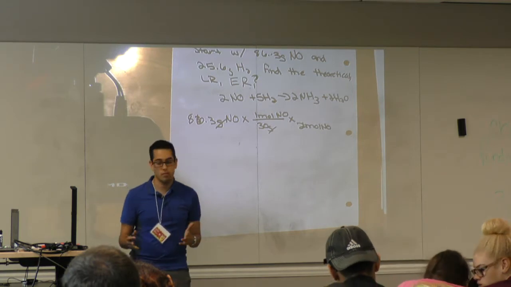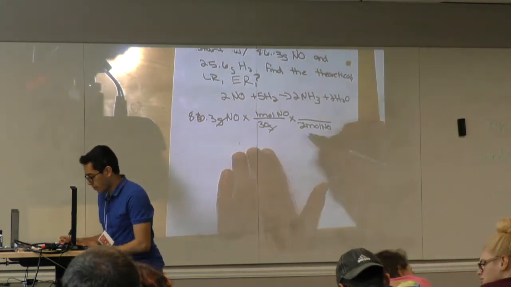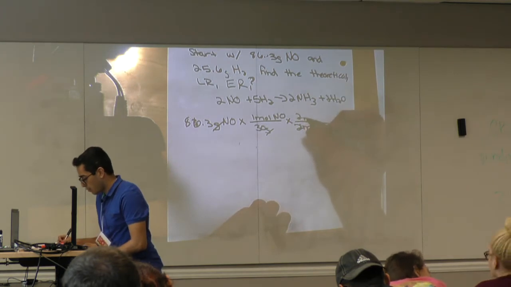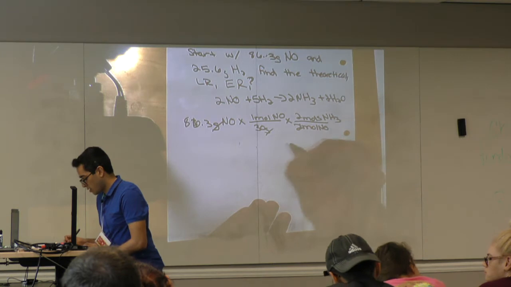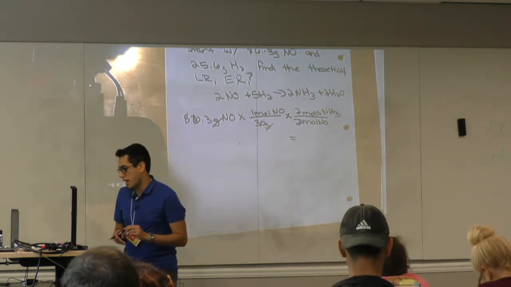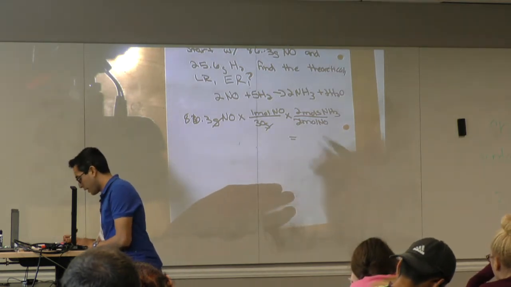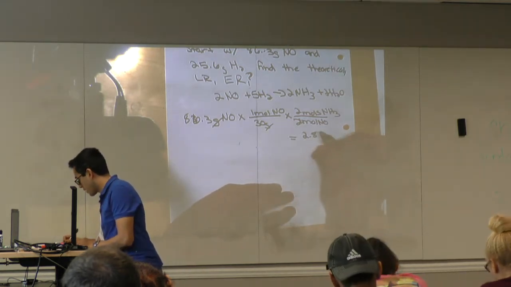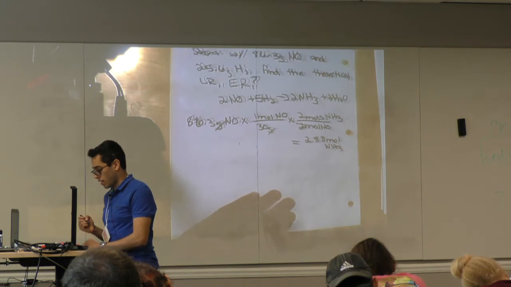They're equal to the same thing. And so now we just multiply that across, and that will calculate how many moles of NH3 we created, and I calculated that to be 2.88 moles of NH3. So that's the first part.